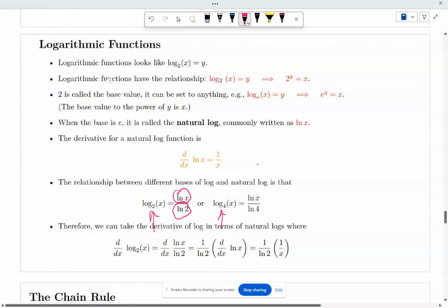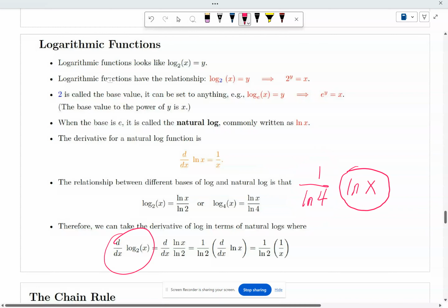So if you have 4 here, it would be the natural log of x divided by the natural log of 4. And once we have that, if we want to take the derivative, the natural log of 4 is just a constant. We don't need to pay attention to it. We only need to take the derivative of the natural log of x.